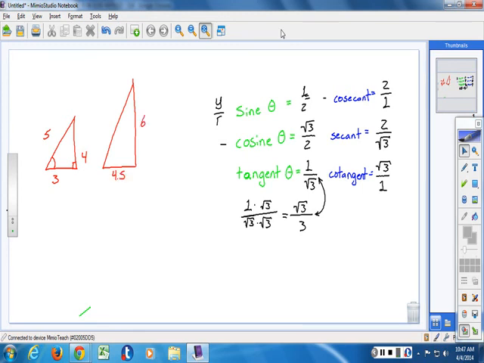4.5, 6. We don't know what the other one is, but what did we have to do to 3 to get 4.5? What scale did we have to increase it by? 1.5. Is 4 1.5 times bigger than 3? No. Want an easy way to find out?